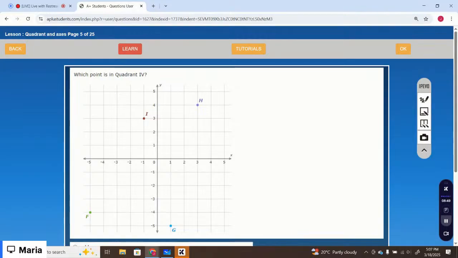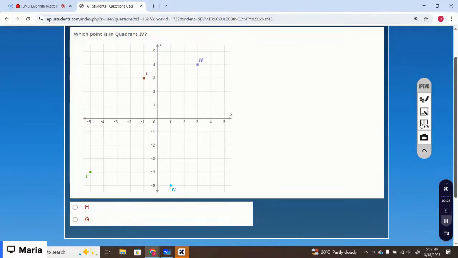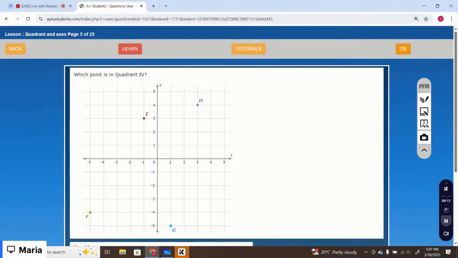Which point is in quadrant 4? G is in quadrant 4. Option number 2 is the correct option. The correct option is G.